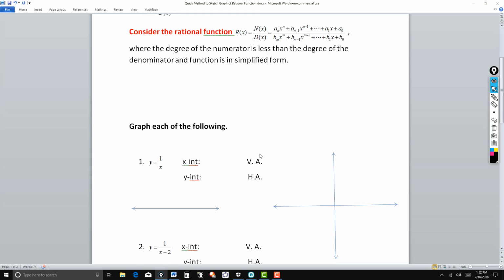Now, for the asymptotes, you can see that as x increases, 1, 2, 3, 4, 1,000, or decreases, -1, -100, -1,000, the denominator gets large in absolute value, so this thing is approaching 0. So for these types of problems, typically you're going to have a horizontal asymptote at y equals 0.